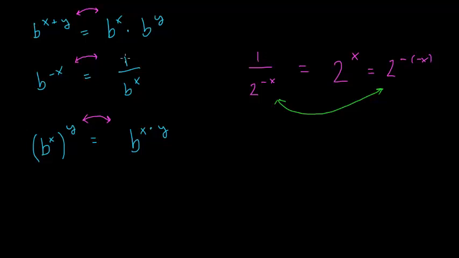I've gone from the 1 over b to the x to a b to the minus x. And actually, I've really simplified the expression I have. Very complicated expression is what I started with, and I've been able to write it as a very simple expression because of this flexibility and seeing these properties as equivalencies rather than a directional path that you have to follow.